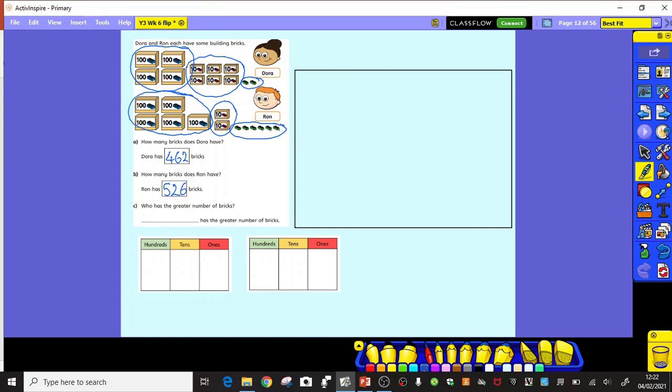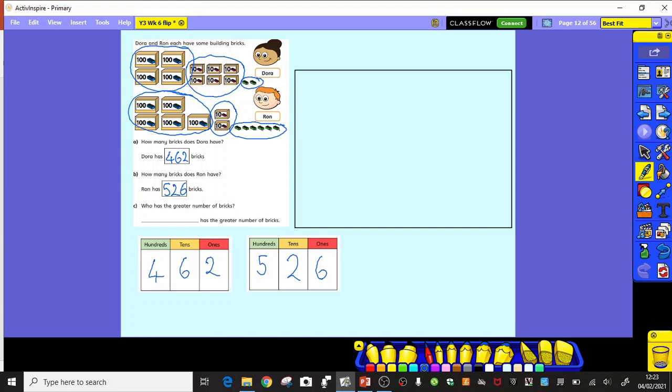So in total, Ron has got 526 bricks. So who has the greater number of bricks? Who's got the most bricks? So let's write our numbers into our hundreds, tens and ones grids. So first of all, Dora has got 400, 6 tens, 2 ones. Ron has 500s, 2 tens and 6 ones.